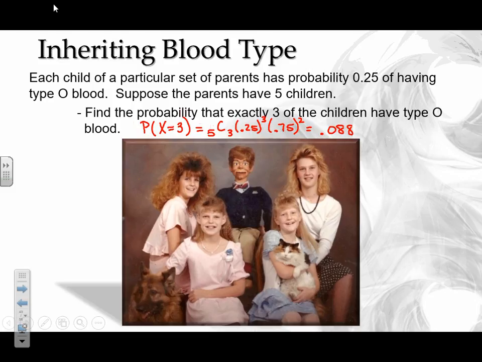And what you're going to see on the screen right away should be like normal PDF, normal CDF, inverse norm, inverse T, things like that, right? So second vars gets you into your distribution formulas. Now, what I want you to do is scroll up. So from that first main screen, scroll up once. And now what you should see at about your second or third option, you should see a binom PDF and a binom CDF.